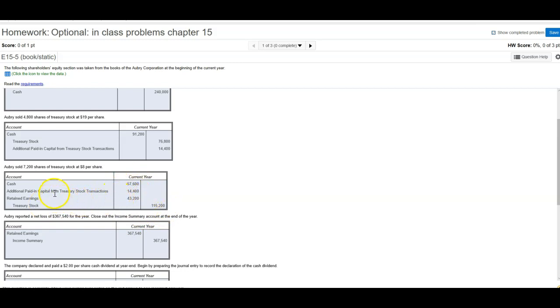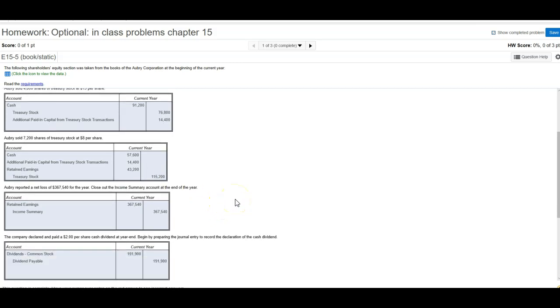If we have additional paid-in capital from Treasury stock transactions already, we go ahead and debit that account, and in this case we had $14,400, so we wipe that out. Anything left over comes out of retained earnings. If we had nothing in the additional paid-in capital account from Treasury stock transactions, the entire amount to make debits equal credits would have come out of retained earnings.